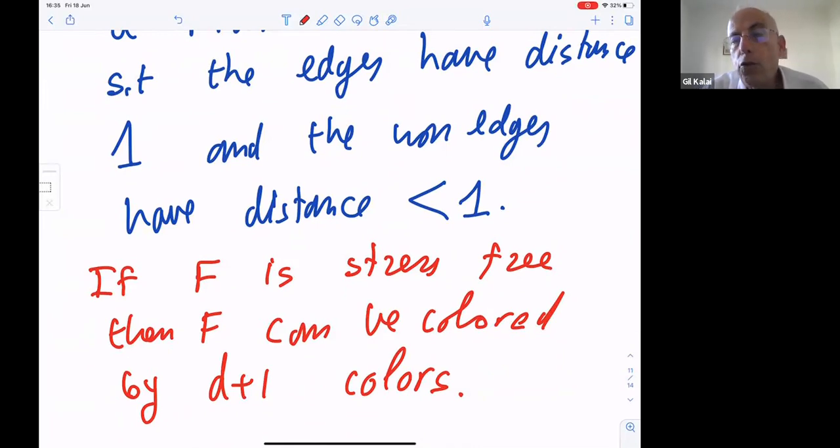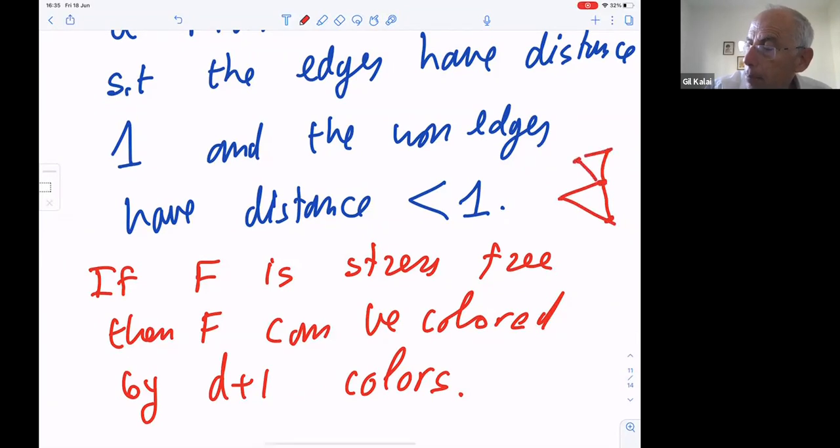Just to remind you what a stress is, probably most of you know it better than me: a stress on a geometric graph is an assignment of weights to the edges so that every point is in equilibrium. To say that a configuration is stress-free means that this construction is not a coincidental construction.